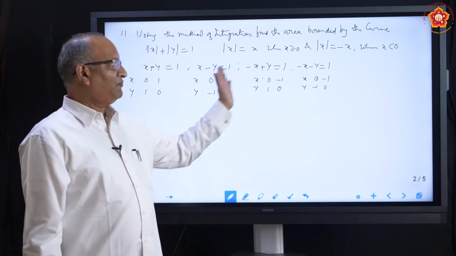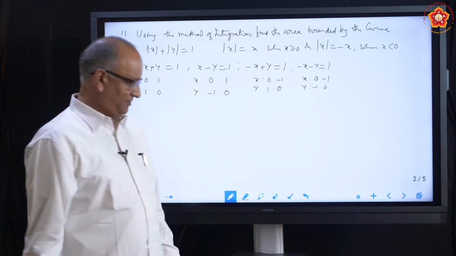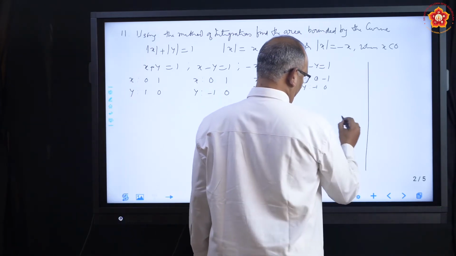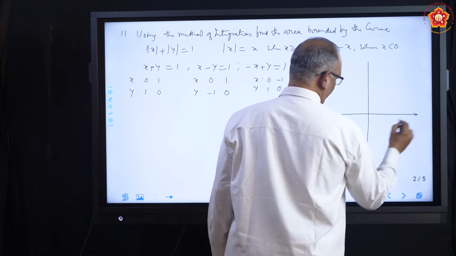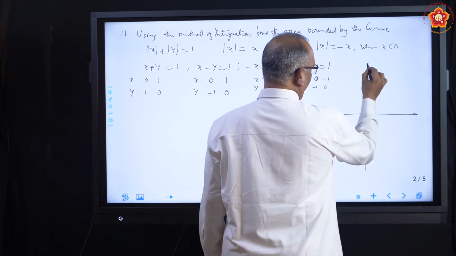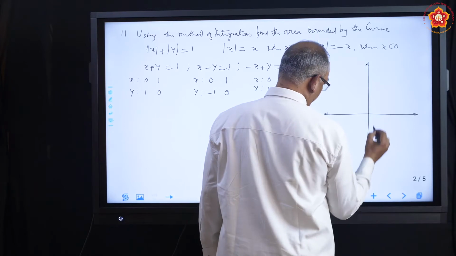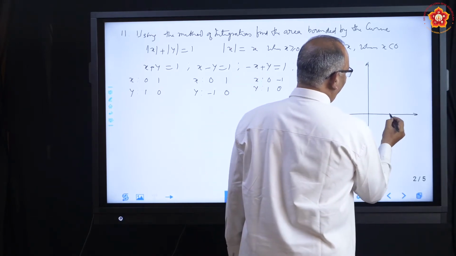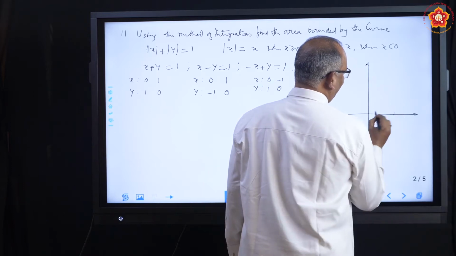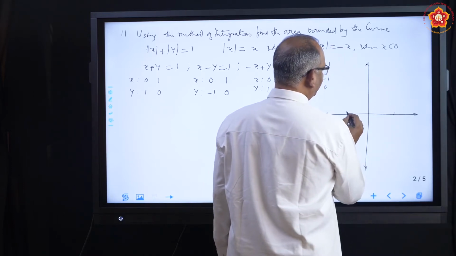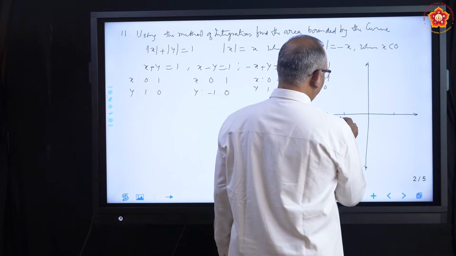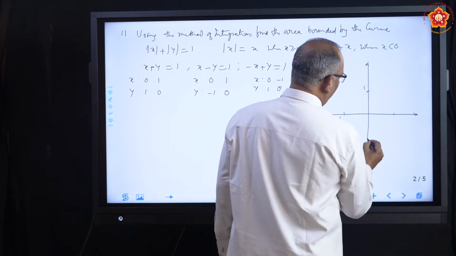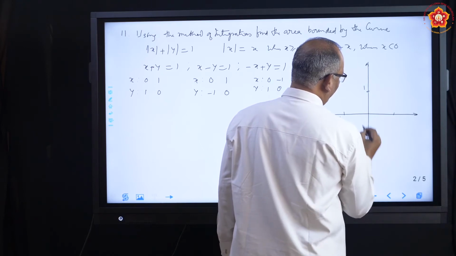Let us draw all 4 of them on the graph paper. The maximum values of x and y are 1 and minus 1. So let us say this is 1, and on this side, this is minus 1. Similarly here it is 1, and similarly here it is minus 1.